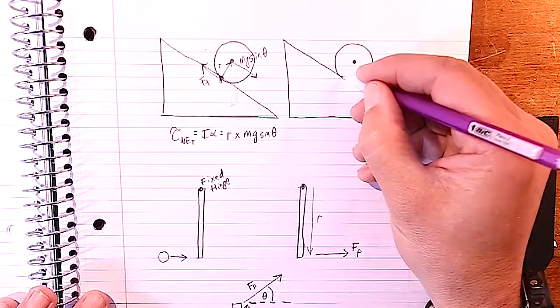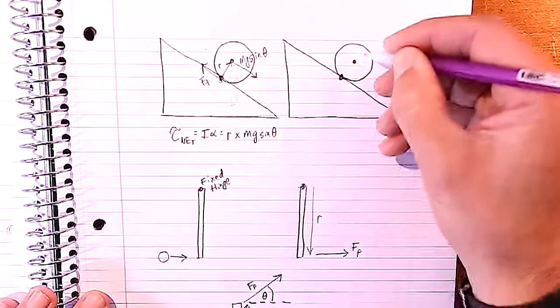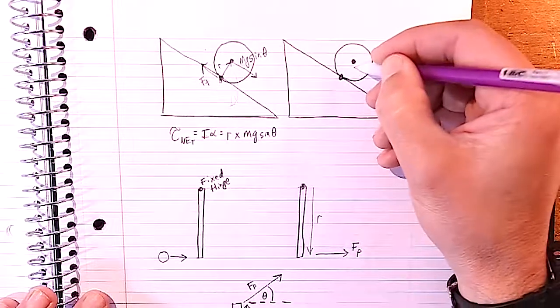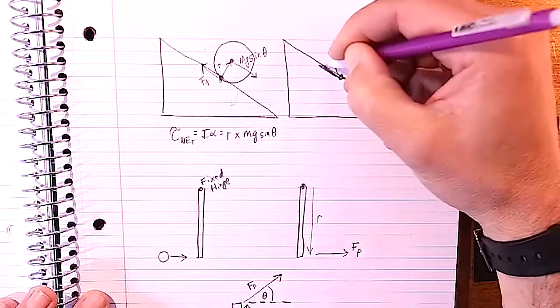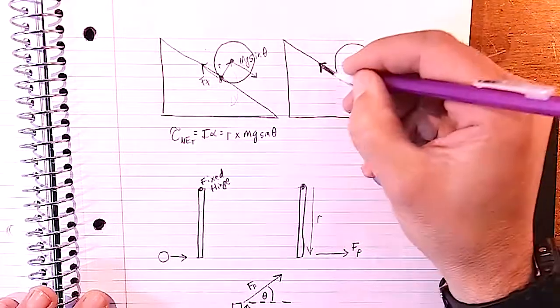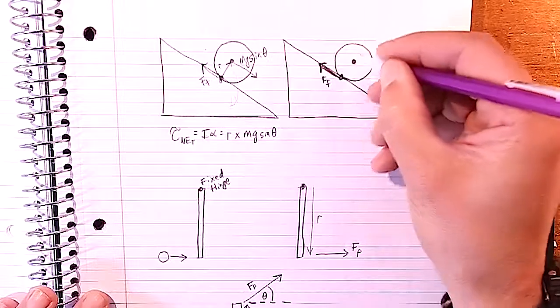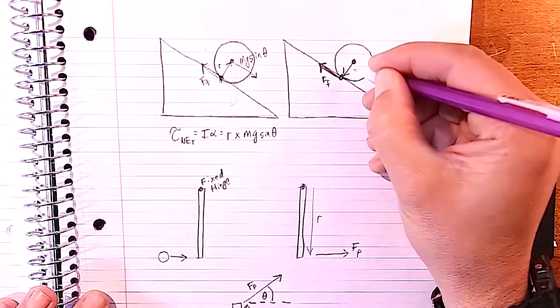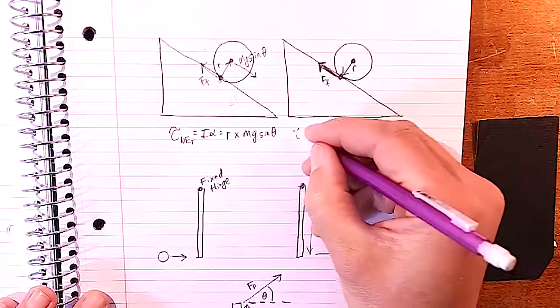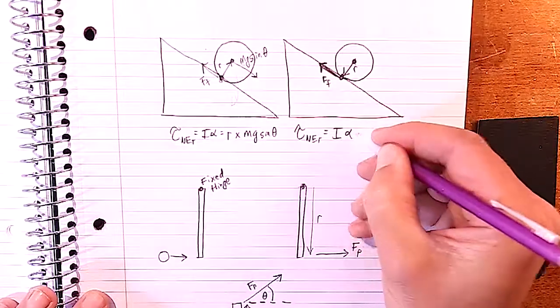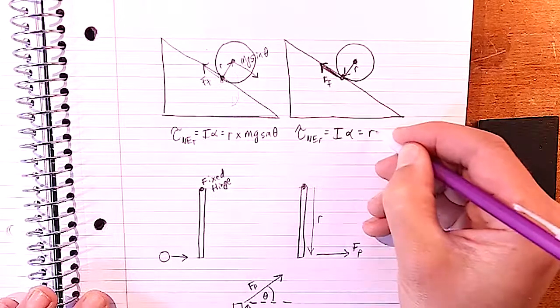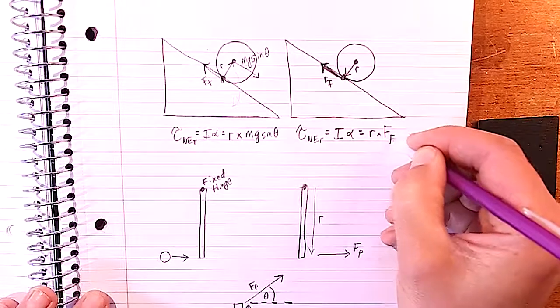But what if we decide to pick this point, the center, as our origin, and we can look at the force of friction acting from this point? So then this time, that's going to be our torque from here to here. And so our net torque would be I alpha is equal to r cross Ff.